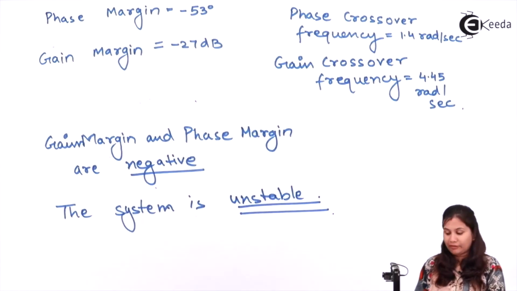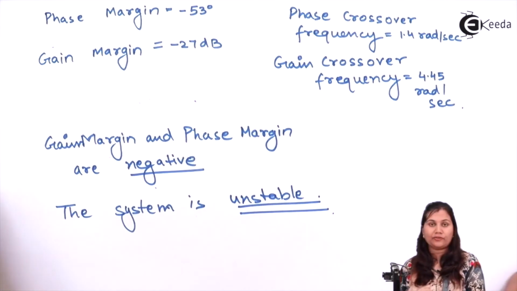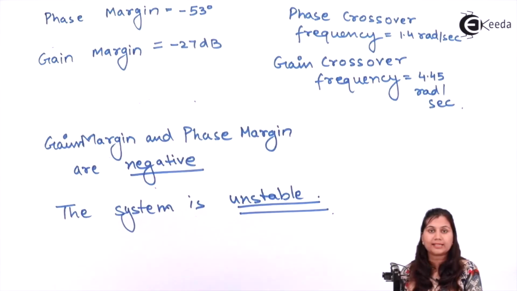So we have commented here about the stability of the system: the system is unstable because the gain margin and phase margin are coming out to be negative.